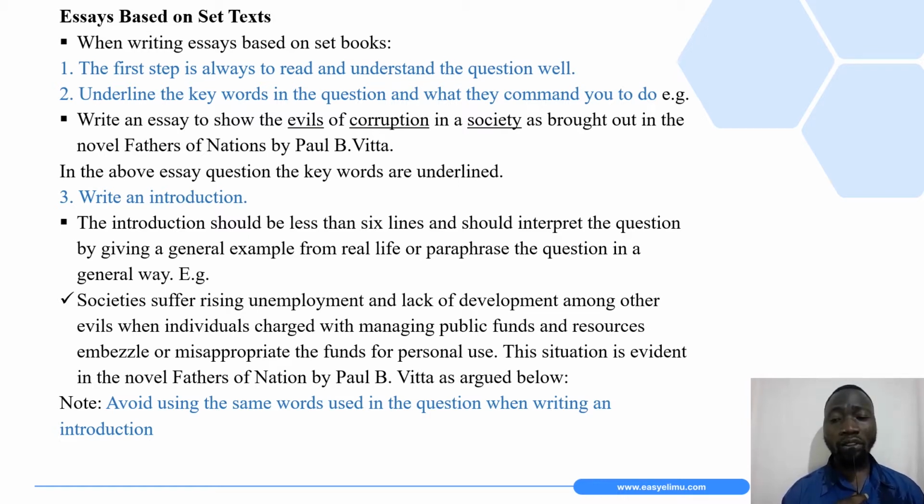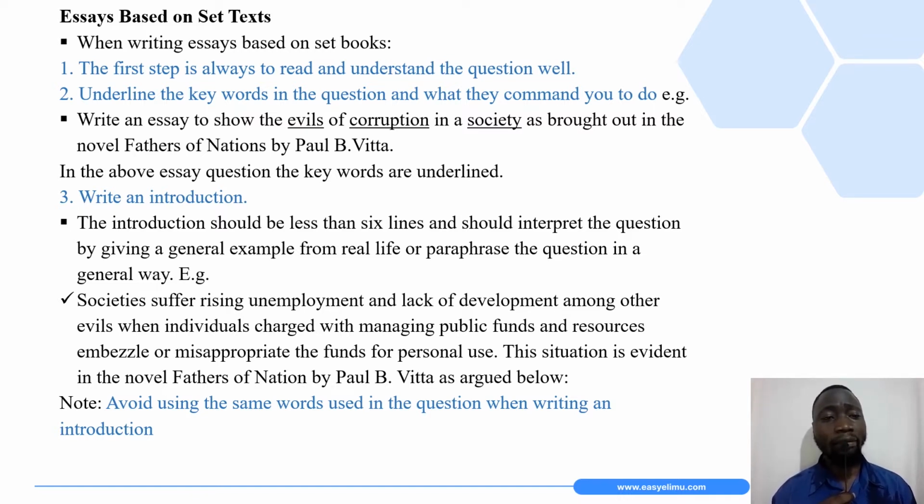So the two questions, question 2 and 3, normally have the same approach because they are all based on the literary texts. So when writing essays based on set books, dear students, the first step is always to read and understand the question well. Read and understand the question well. So that is before doing anything.